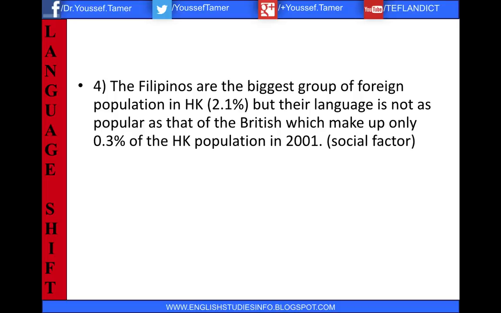But their language was not important. It was English that was important in 2001. And this has to do with social factor, because the people who spoke English at that time were richer, their social status was high, etc. So English was more important at that time.